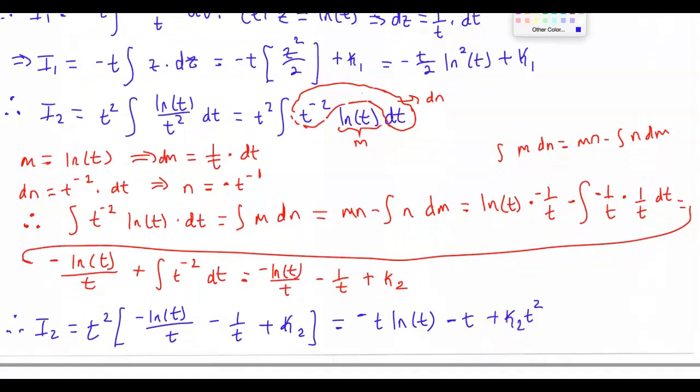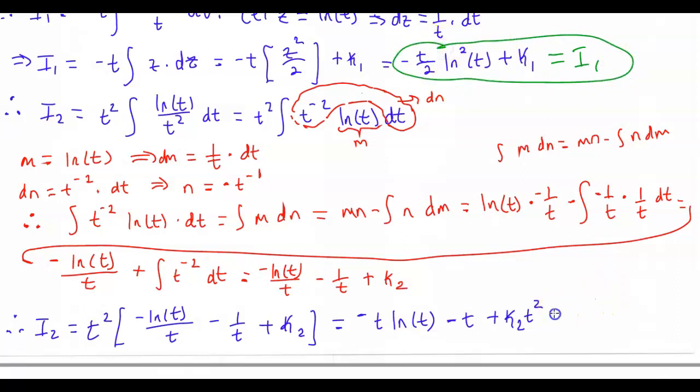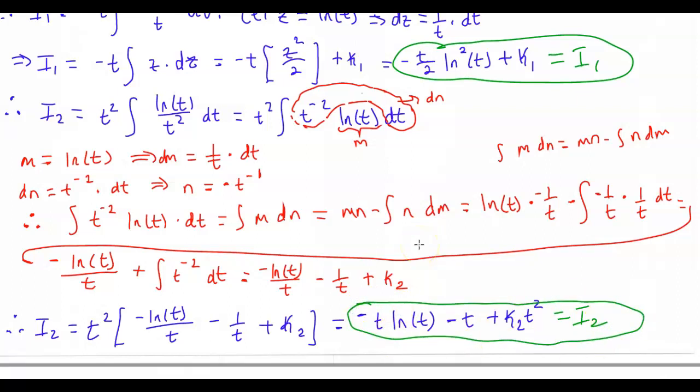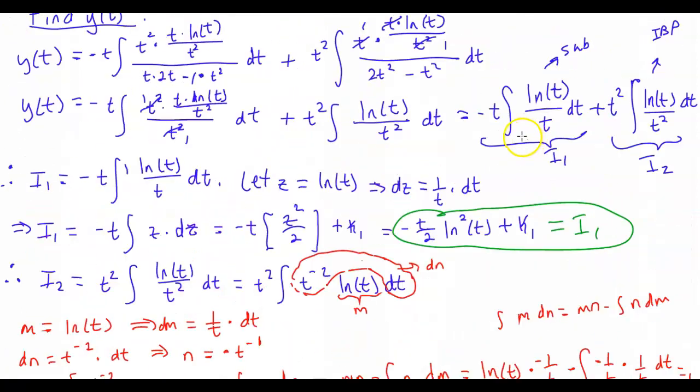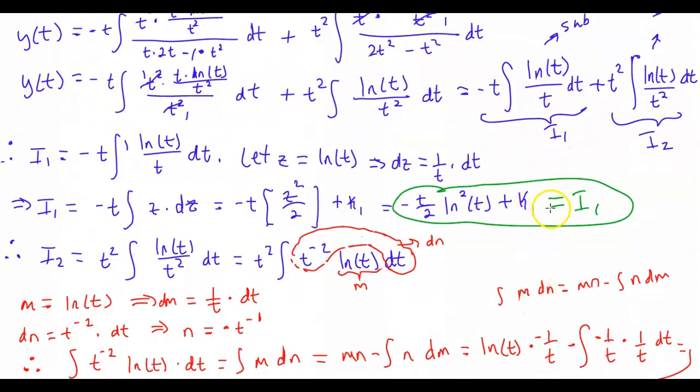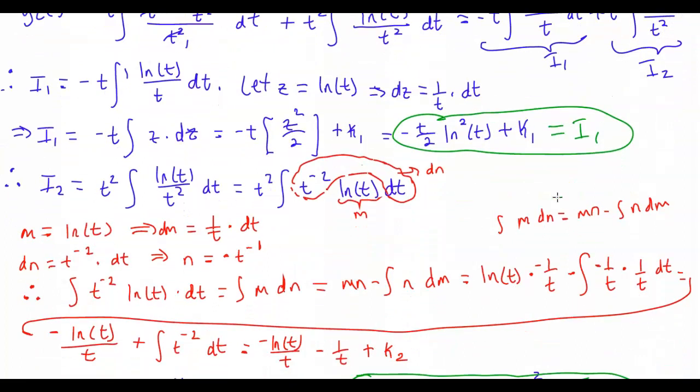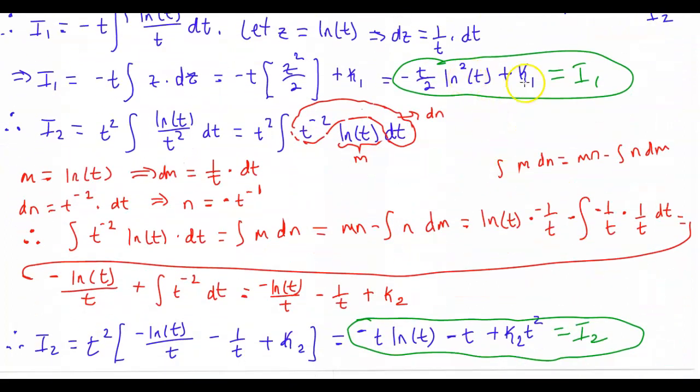So looking forward here, notice that, again, this is our I1, and this is I2. And so way up here, we said that our y(t) is just the sum of these two terms, okay? So it's the sum of what we see here and what we see here.